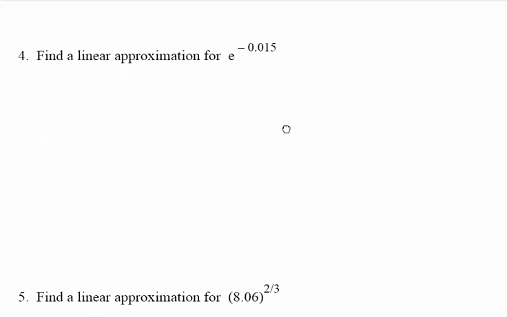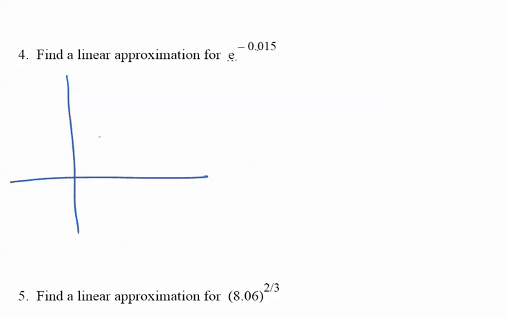So let's try our linear approximations again. So we've got to think of what function we're going to use here. So this looks like we should use an e to the x function. And you know what an e to the x graph looks like. It has a horizontal asymptote of y equals 0, has a key point of 0, 1, and we're looking for a place very close to that. So in fact, let me move my 0, 1 here.